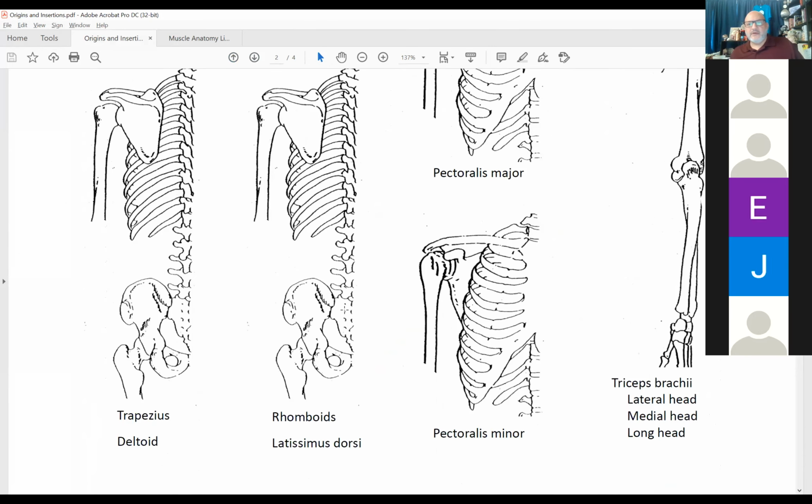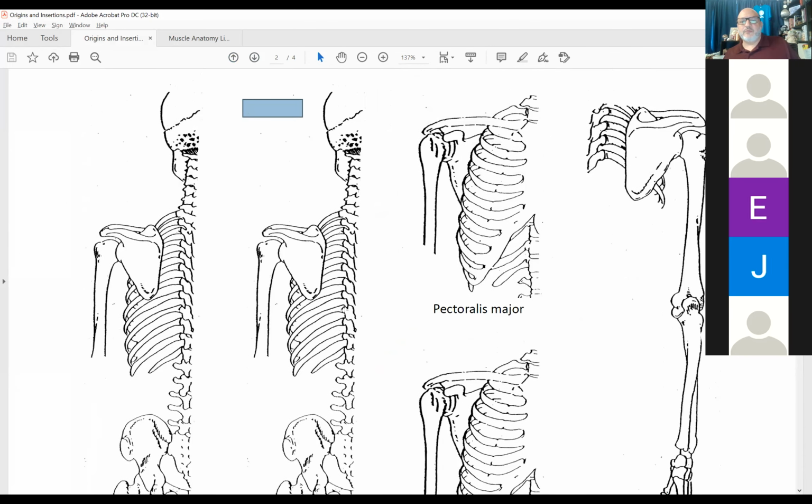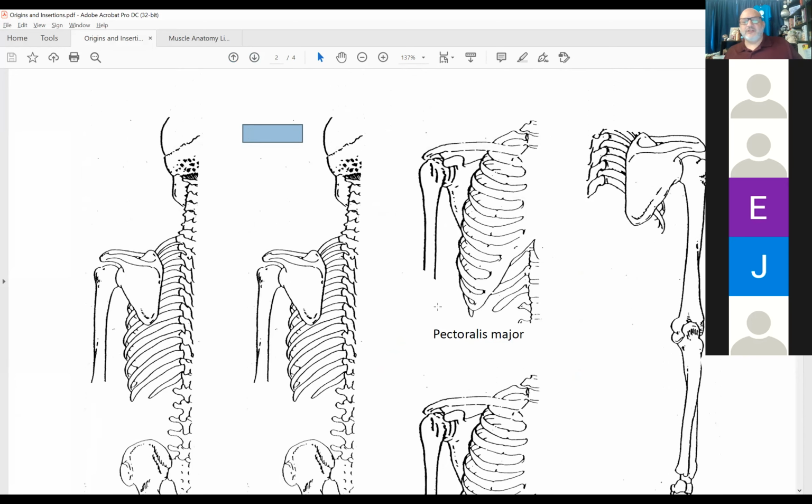Oops. I'm going to cheat again for my drawing because it's easier for me to get this one up here at the top. So I'll draw it here. You obviously draw it in the right place. So what is the origin of the pectoralis minor? Anterior surface of ribs 3 to 5. 2, 3, 4, and 5.